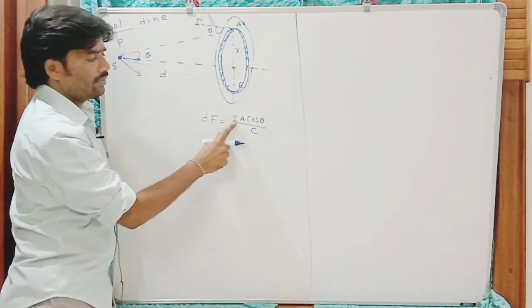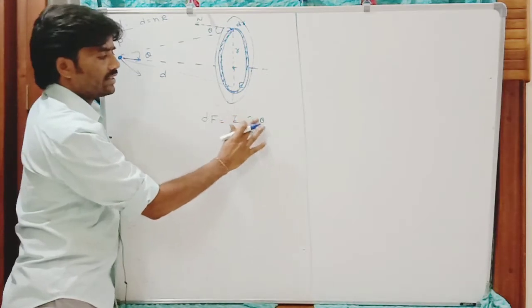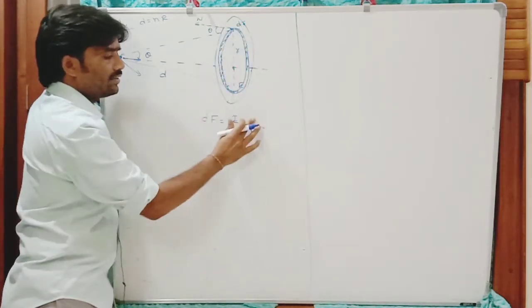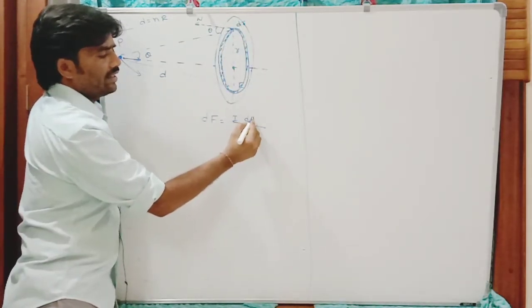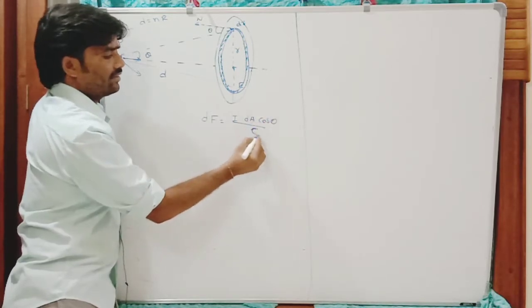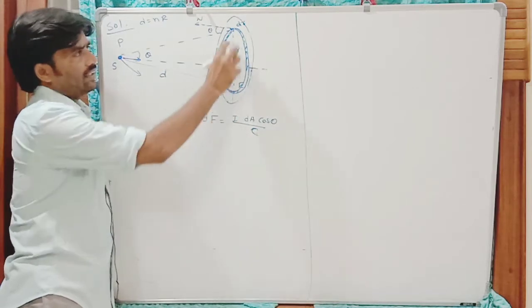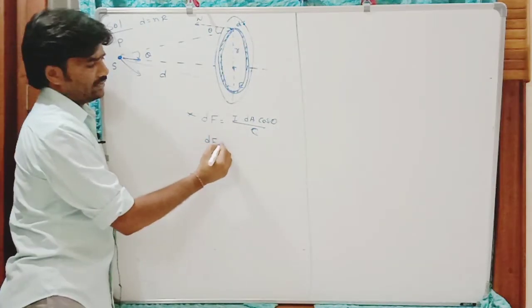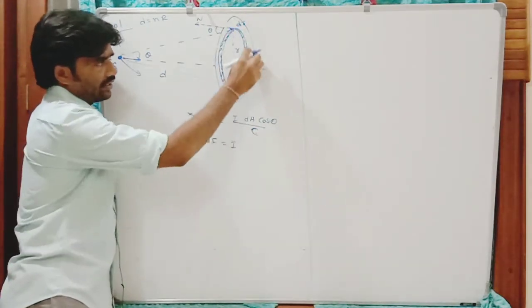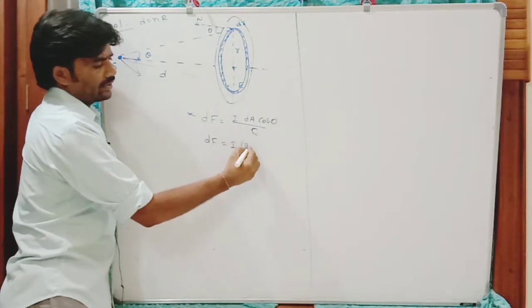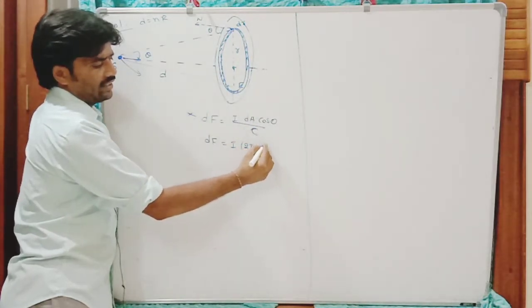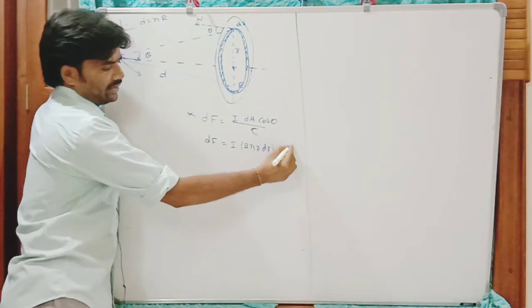So dF equals I times the area of the elementary ring dA cos theta by C. That is the force on this elementary ring. Now what is the area of this? You can write dF is equal to I, area of the ring, its length 2 pi r into thickness dr, cos theta by C.